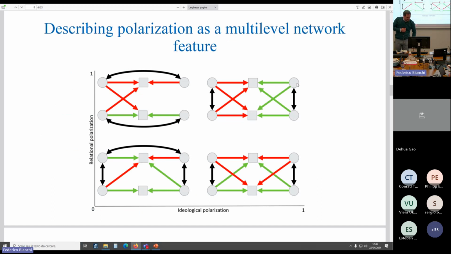So, just very briefly, about the two dimensions of polarization that we're going to look into. Well, there will be a few formulas, but just to get the intuition. A network which is ideologically polarized would mean that if person A and person B agree on one item, and person A disagrees with the second item, then also this person would disagree.